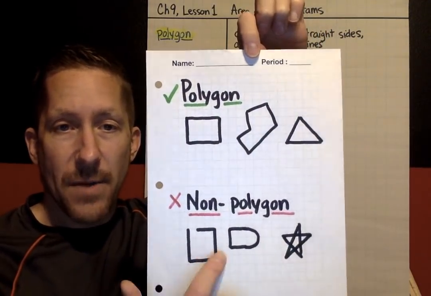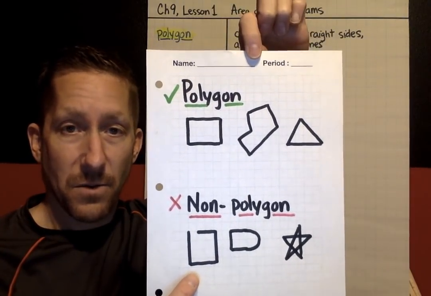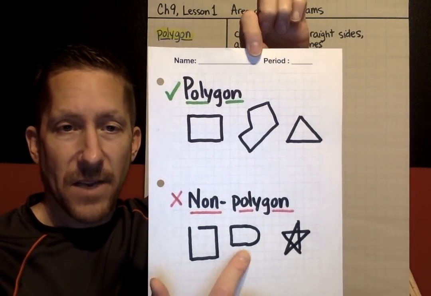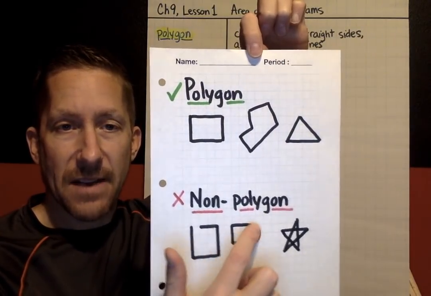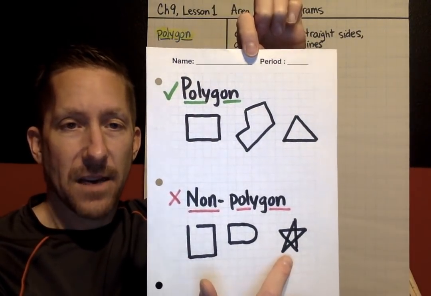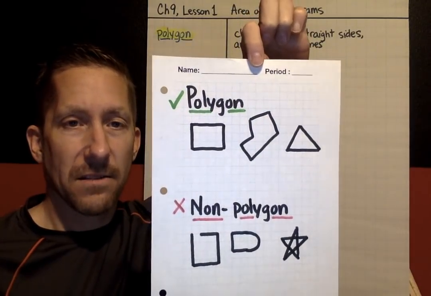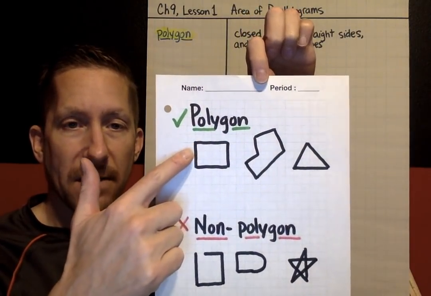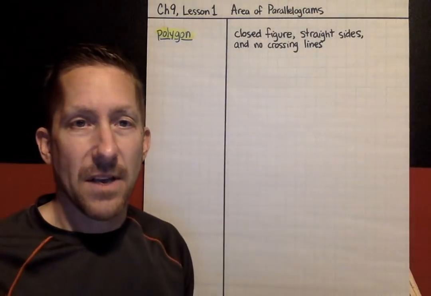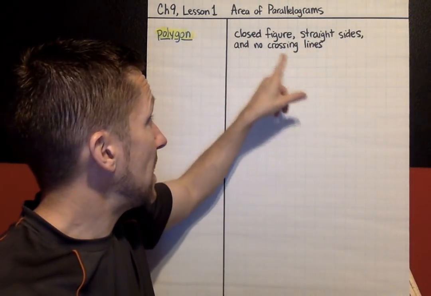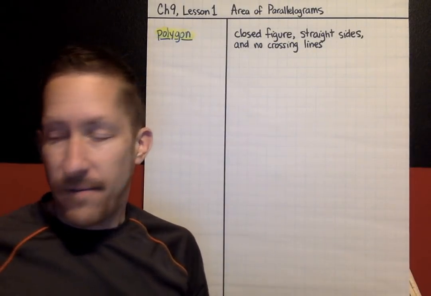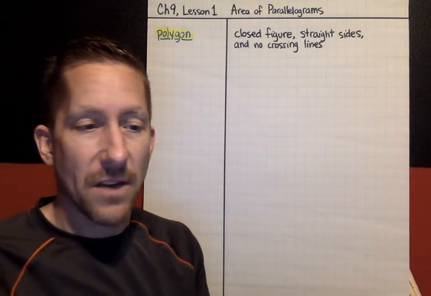These are all non-polygons. This figure does not close, and this figure, all the sides aren't straight. It's got this rounded side to it. And this is not a polygon because the lines cross. So polygon examples, non-examples, and in our notes we're writing down closed figure, straight sides, no crossing lines. If it meets all 3 of those, you've got yourself a polygon.